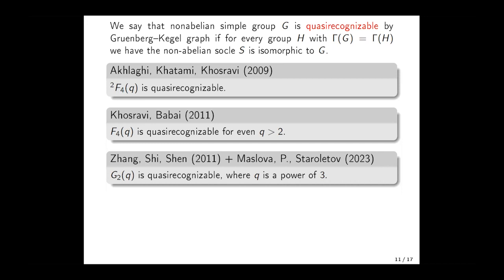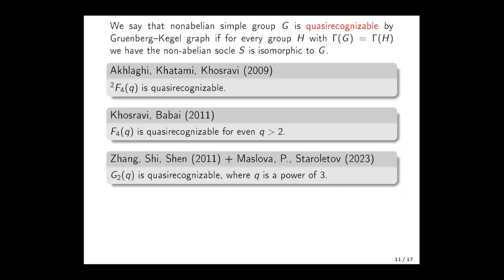And a result by Zhang, Shi, and Shen, 2011: G2(q) is quasi-recognizable, where q is an odd power of 3. And to be honest, I don't really know why they didn't prove the same thing for an even power of 3.